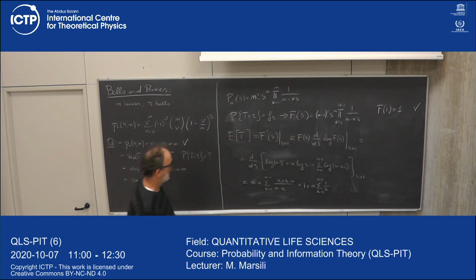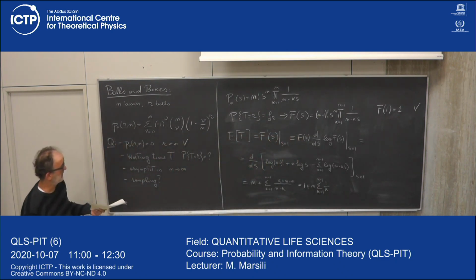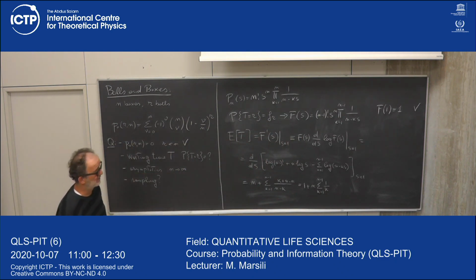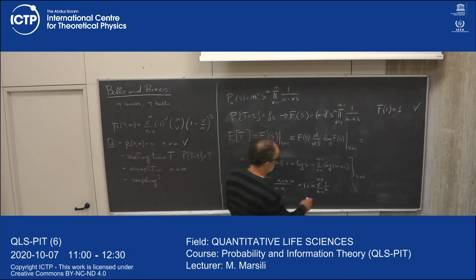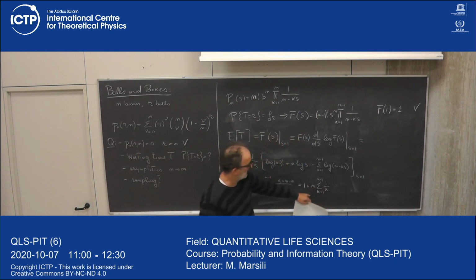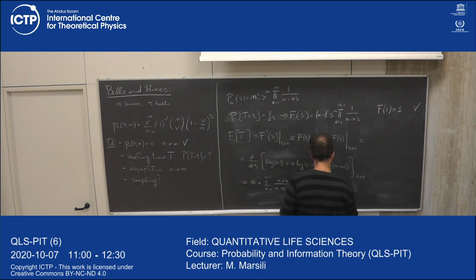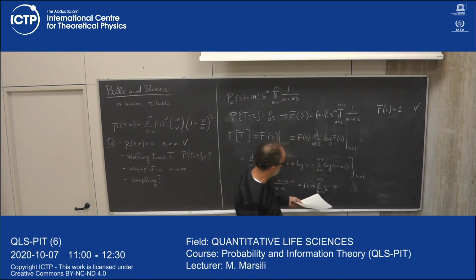So you see, we can compute the expected value of the waiting time in explicit form. Now this sum of the inverse of the integers, if you want to estimate it for large n, is an asymptotic expression, and actually it goes as the logarithm of n, because it's just like the integral of 1 over x, which gives you the logarithm of x.